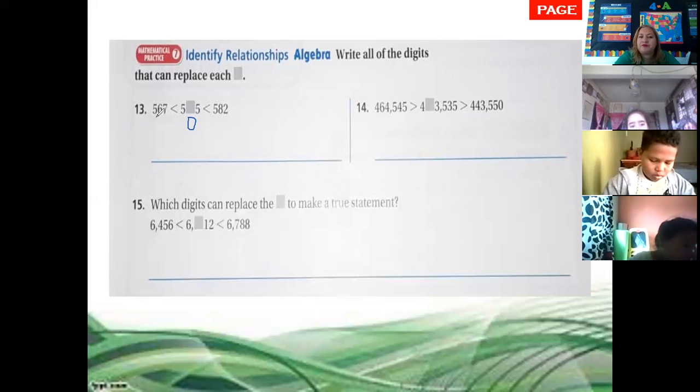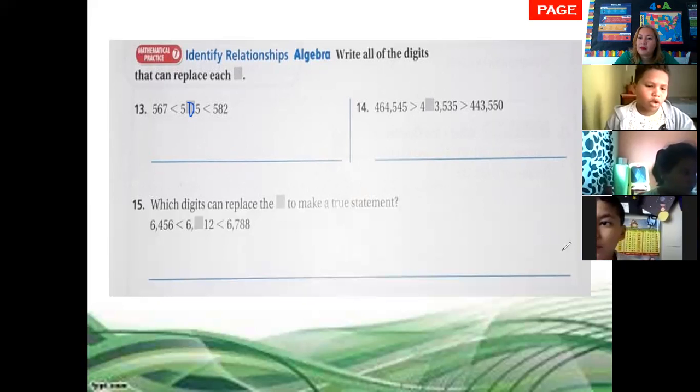Let's read. 567 is less than 505. Is that correct? Yes. No. No, it's not.